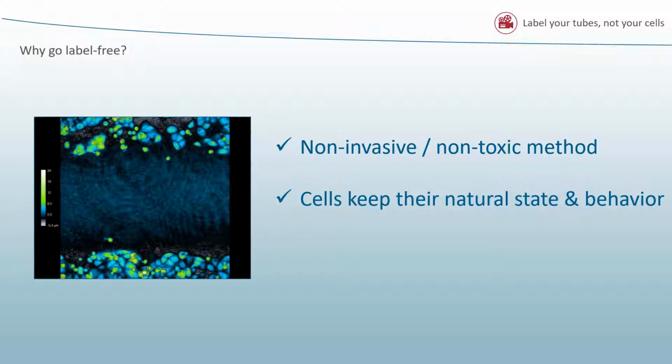Now imagine as well it's snowing, so that all the snow and the stuff from the outside would just drip into that house through the holes. Do you think that the inhabitants would still react normally and go about their holiday preparations? No. That's what you do when you label cells. You cannot expect them to keep their natural behavior. Label-free live cell imaging doesn't need any extra steps in the protocol.